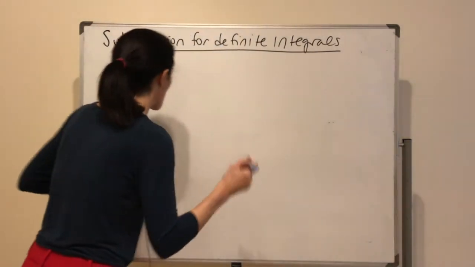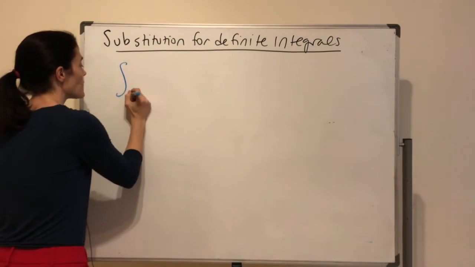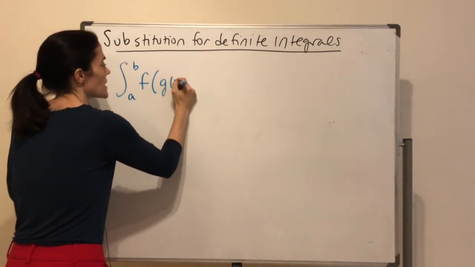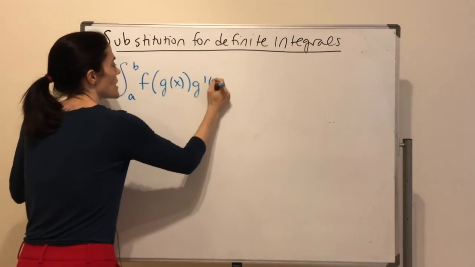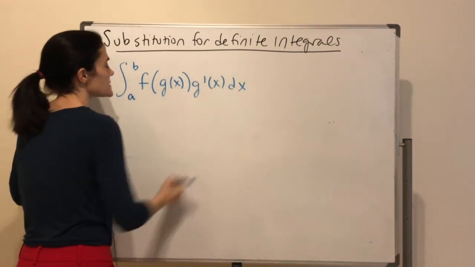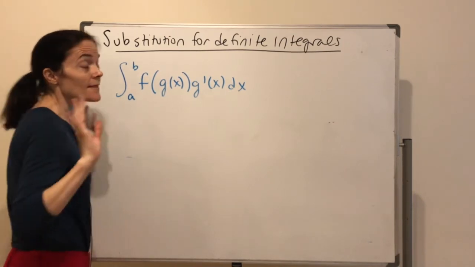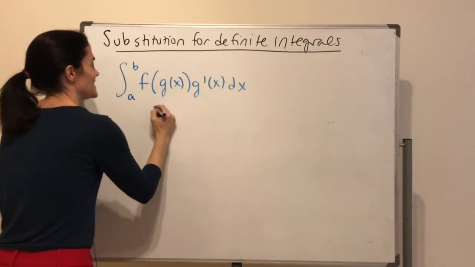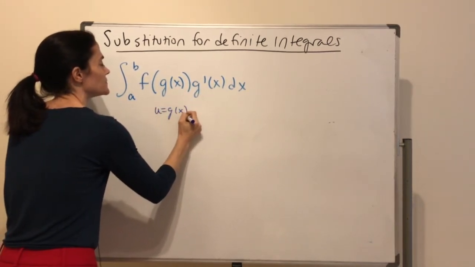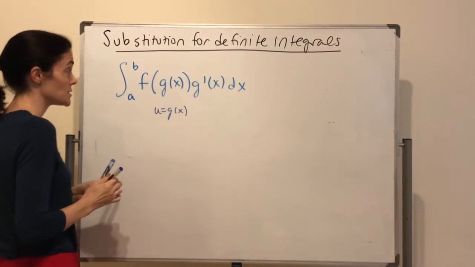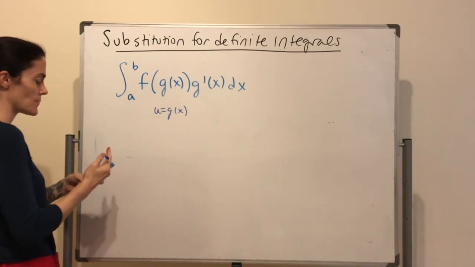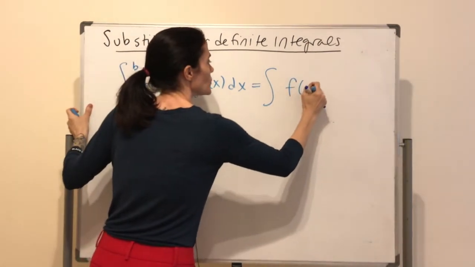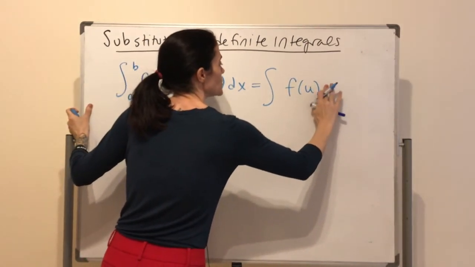Let's write what that might look like. We start off with an integral from a to b of f of g of x times g prime of x dx. Then, through u equals g of x, we would convert this to an integral of f of u du.